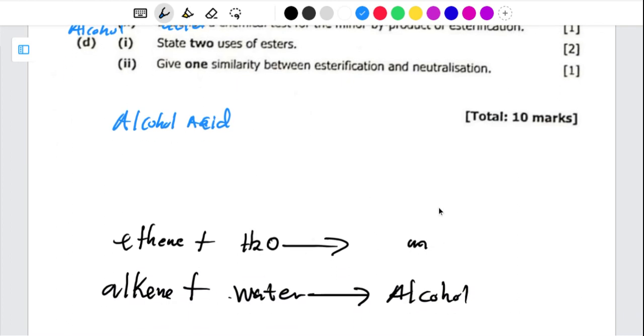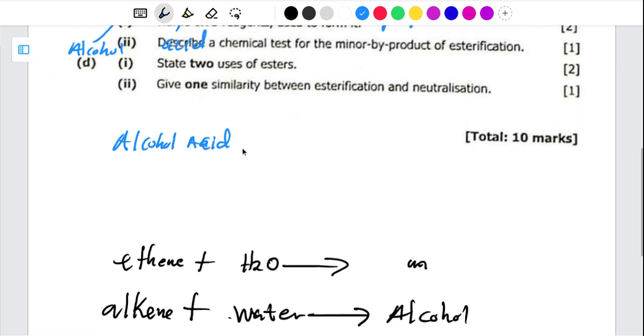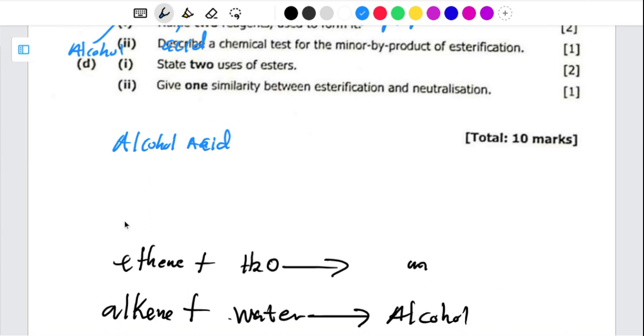So in terms of the minor byproduct, the chemical test, you find that when anhydrous copper 2 sulfate is added to water, what is going to be the change? The change that is going to be seen there is from white to blue. That's a test of water, isn't it? White to blue. That's a test of water.